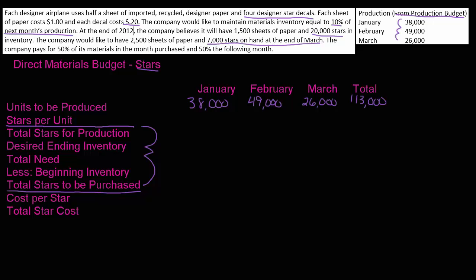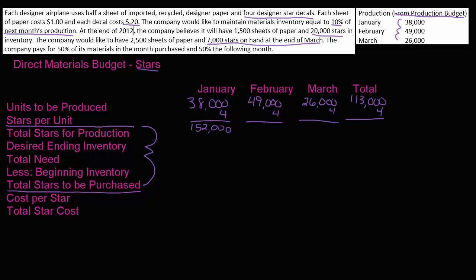So my stars per unit, my stars per airplane, is going to be 4. I'm going to write that in for all my sections here. Total stars for production is the total number of stars I need for the 38,000 units for January that I plan to make. So 38,000 times 4 is 152,000.